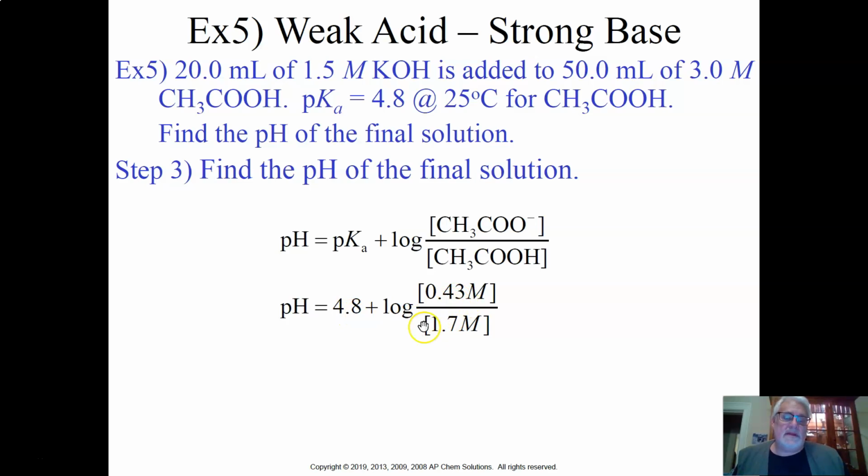This will probably involve a parenthesis key on your calculator, but make sure that you crunch those numbers and that you can get this negative 0.60, which of course is going to bring that down to 4.2. So it's not unusual for that pH to be very close to the pKa values in these types of problems.